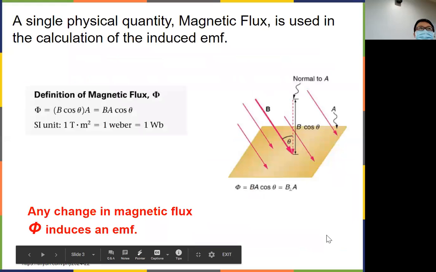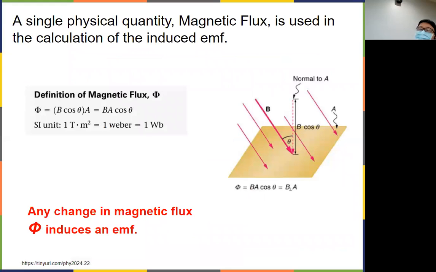That's because in either case, you will have magnetic flux changing in the coil. Magnetic flux is defined as the B field, the magnetic field, times the area of the coil times the cosine of theta, where theta is the angle between the B field and the normal direction of the coil.